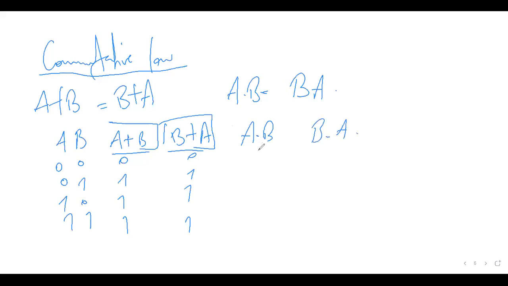What is AB? AB is A times B. So it's 0 here, 0 here, 0 here, 1. B times A, the same. Commutative law, done. You will be using these laws in simplification of circuits. If you have time, you can prove them using truth tables. This is the truth table.